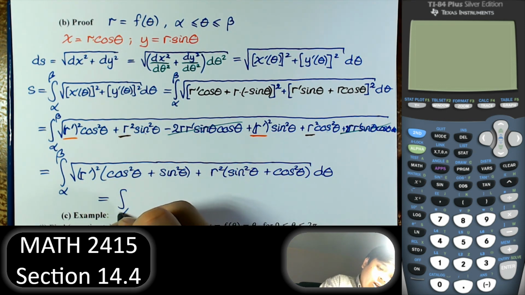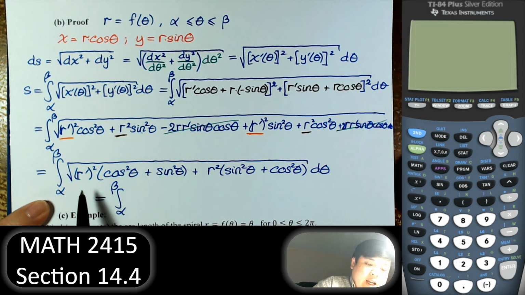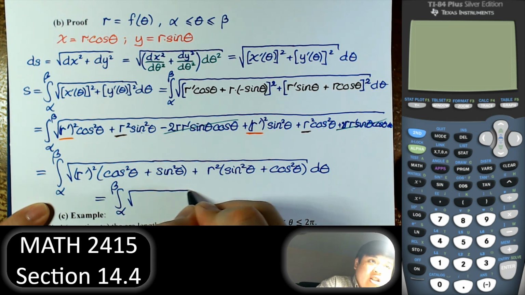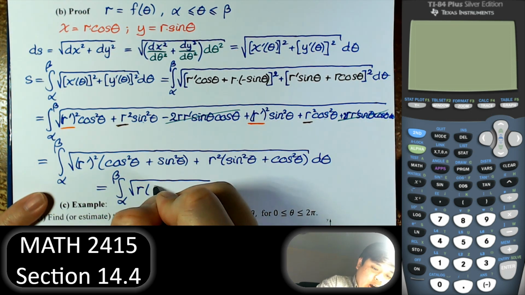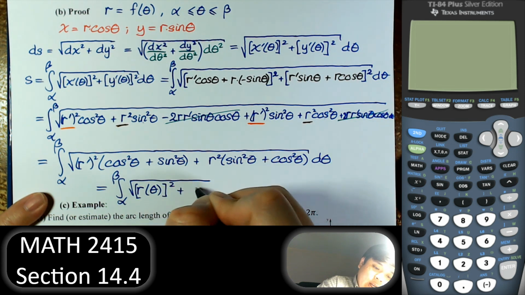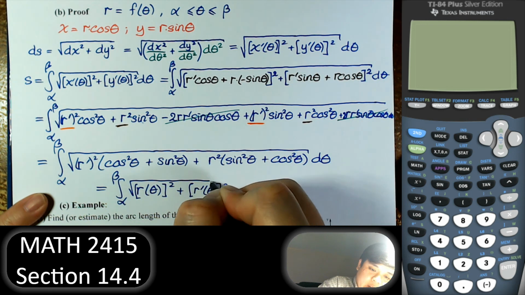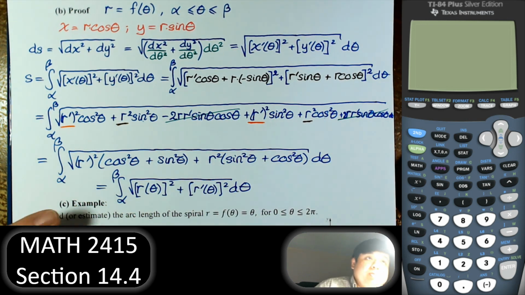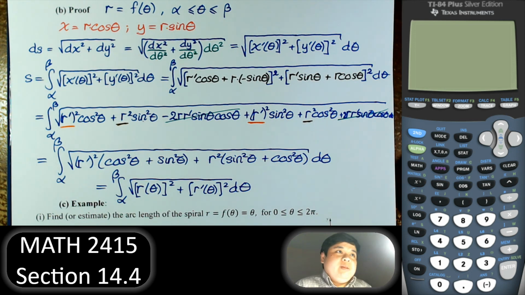So that gives us alpha to beta, and cosine squared and sine squared. So pretty much we just have the function r of theta squared and the derivative squared d theta. Right, so just like that.